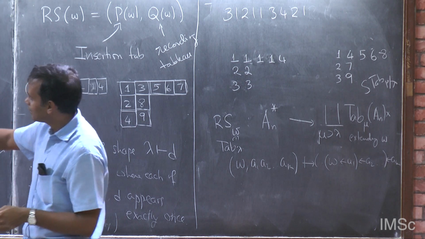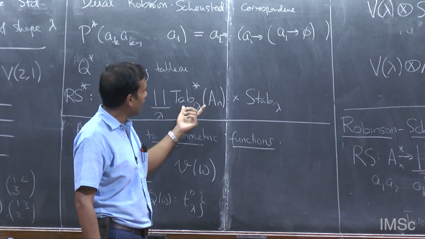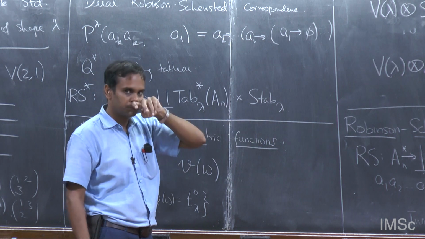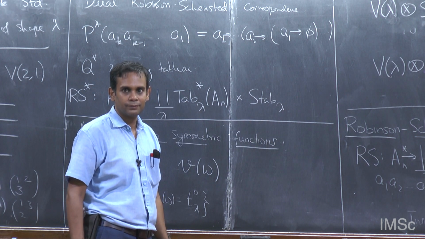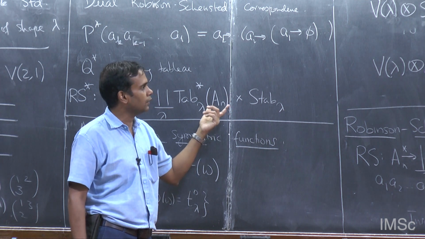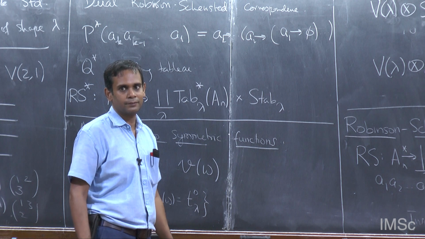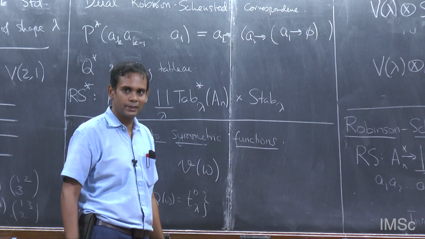So the thing is, this is interesting because if you want a tableau here, this would be a tableau of conjugate shape to this. So this is related to the dual RSK correspondence. Knuth defined two correspondences, and one of them is related to this.